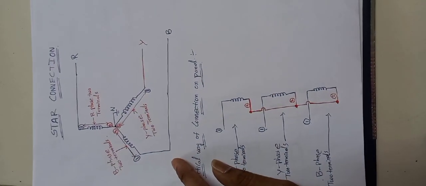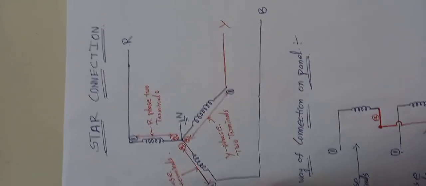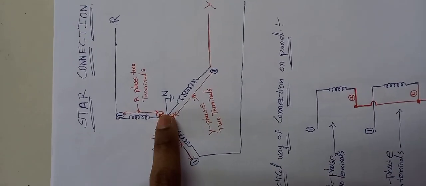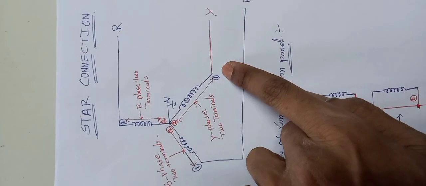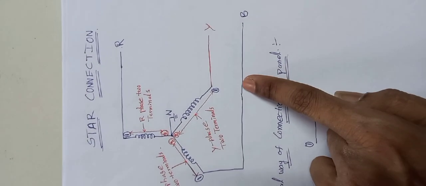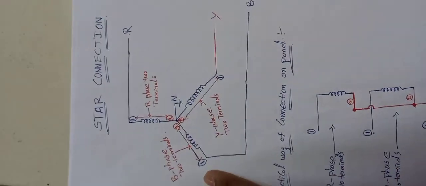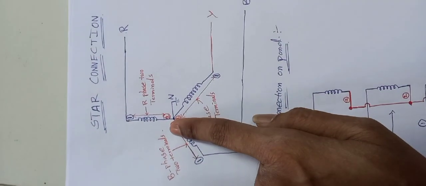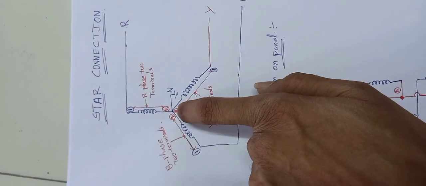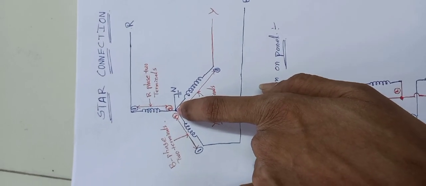You have to see the diagram clearly. This one is the first phase, first terminal and second terminal. This is the second phase, first terminal and second terminal. This is the third phase. This one is a first terminal and this is a second terminal. All three phases' second terminals connected at a particular point is called a star connection.